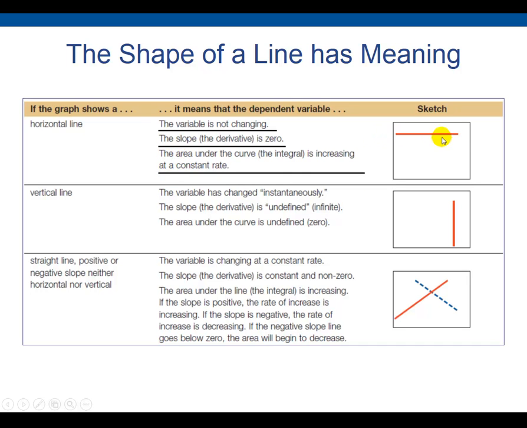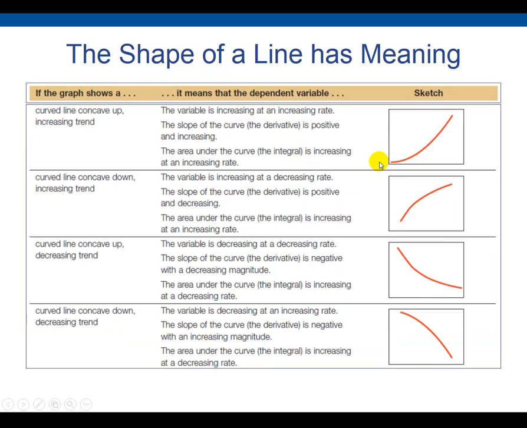You can see that if this is a horizontal line, the slope is 0, and the area under the curve is still increasing at a constant rate, because it's a constant rate, 0 slope, and the variable is not changing. The previous one is a linear plot. This is non-linear. If the x-axis increases, the y-axis values increase exponentially, very fast.